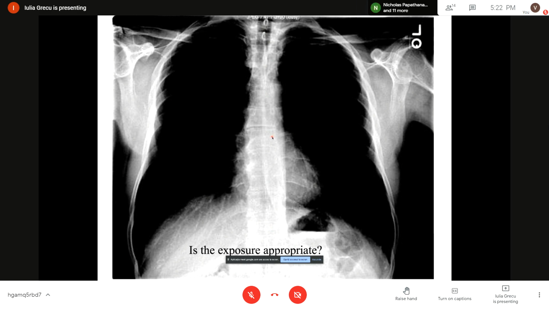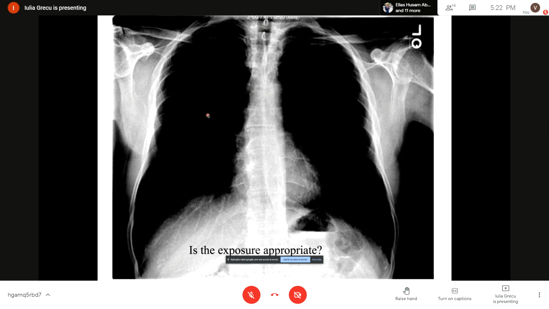And what happens next is that if we try to determine whether there is a lesion or not in the lungs, we cannot say anything, because we practically cannot see lung parenchyma. So any small lesion in the lung, we will miss it basically.